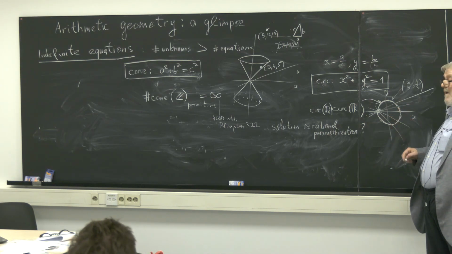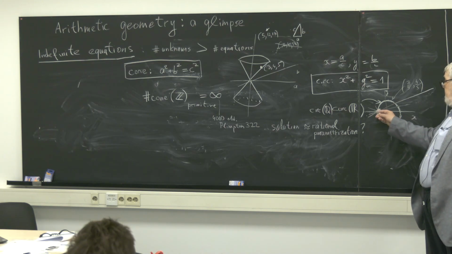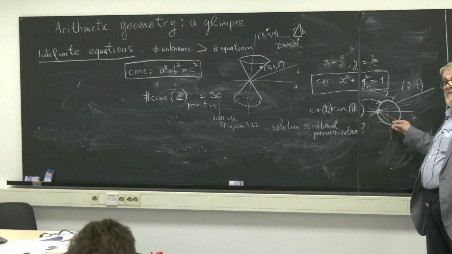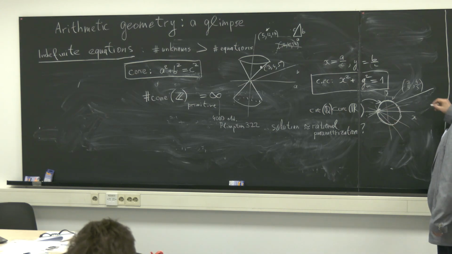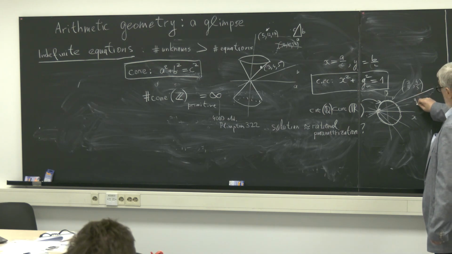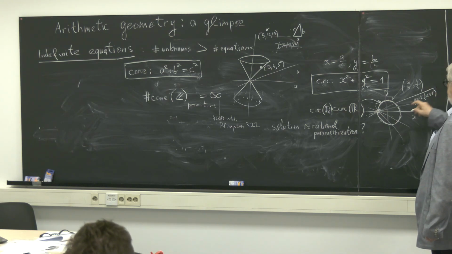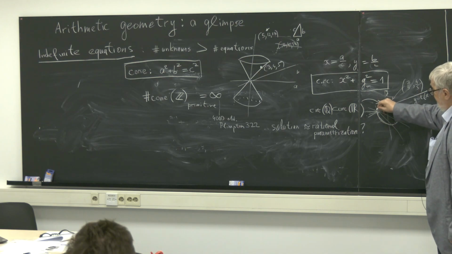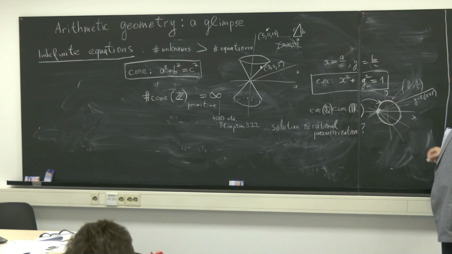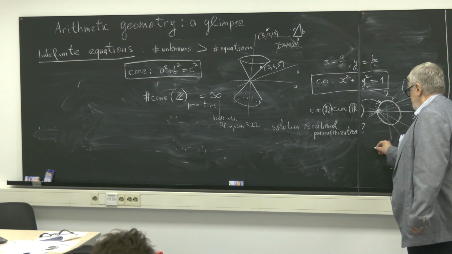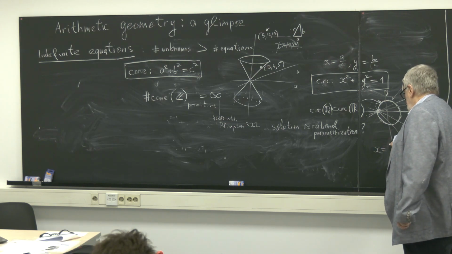I don't know why the authors put this special point in the lowest part of the circle. I think it is important to put it where I have put it. Here is the general line of the set of lines through the leftmost point, and I use this one because the parameterization is like this.